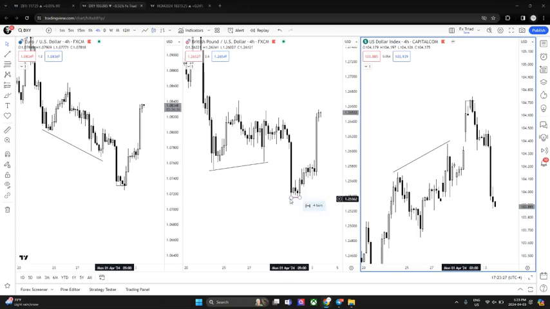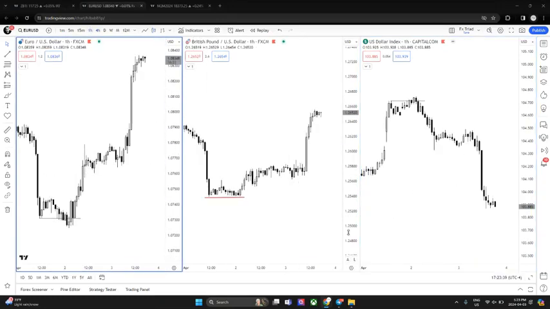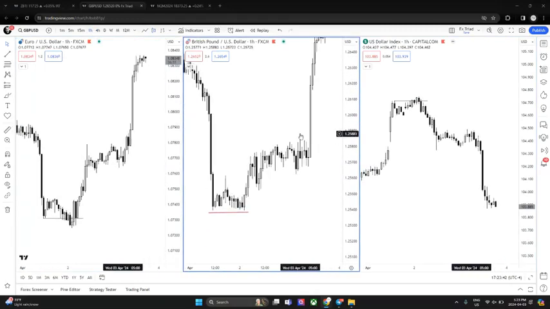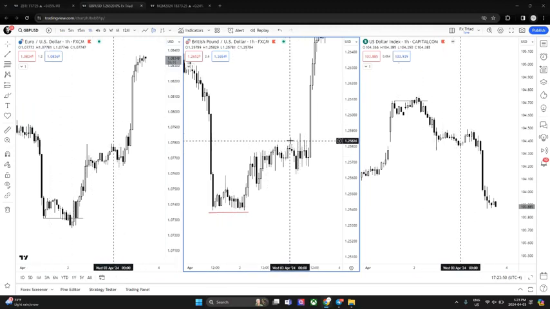When price broke below here, what did we see? We saw SMT, then SMT failed. Okay, now we can go higher. Then price went higher. Then here, what happened? And we talked about this too. We had this candle break above this high.